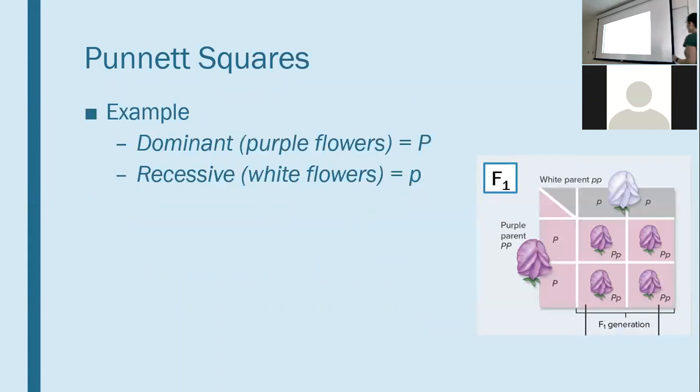So, flowers. This is that true breeding parent cross, right? We had a true breeding white flower and a true breeding purple flower. When we were saying true breeding, what did we actually mean? This individual is a true breeding purple flower.